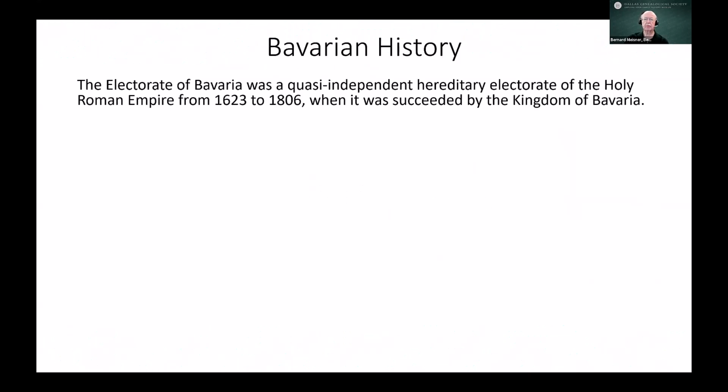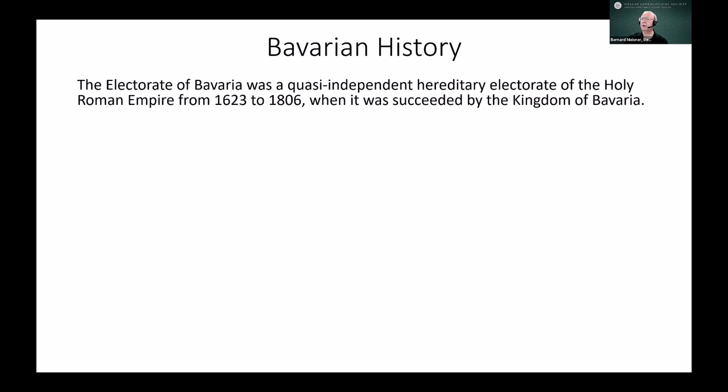I'll start with just a little bit of history because what was Bavaria has changed over time, and that may have an influence on where you're looking for records and what records might be available. So originally it was a duchy, but then it became an electorate of Bavaria.